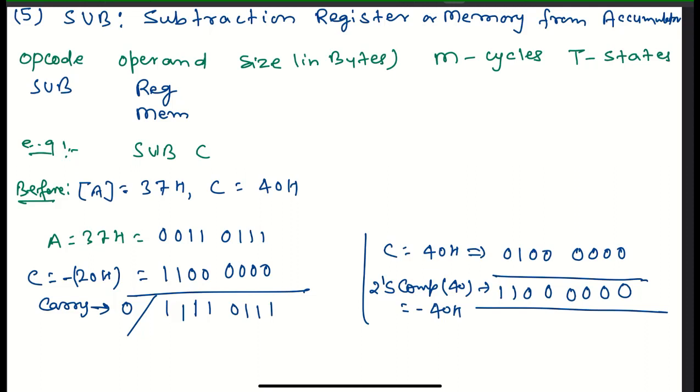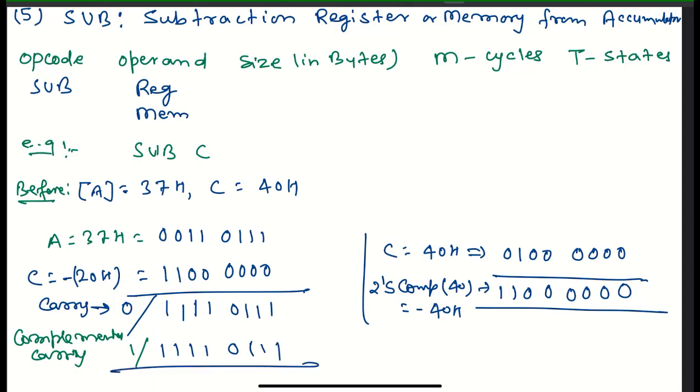But as I explained in the 2's complement subtraction method, after performing this operation the microprocessor internally complements the carry. So as the final effect on the flags, the carry bit will be complemented and become 1, with the same result 1111 0111. This is the result with the carry flag status.